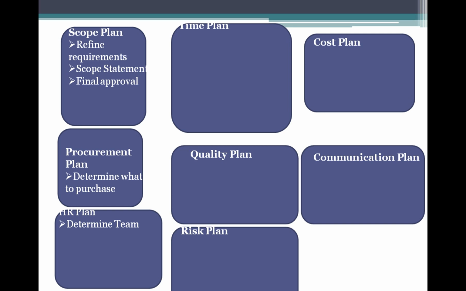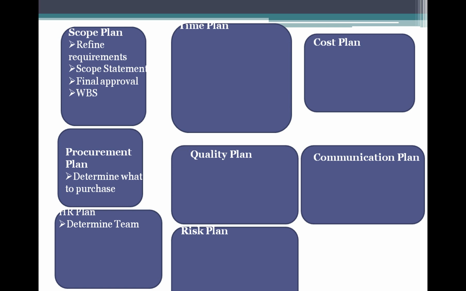Then you get the initial commitment of these resources, and so next, once he determines the team and determines what to purchase, the next step is the work breakdown structure.